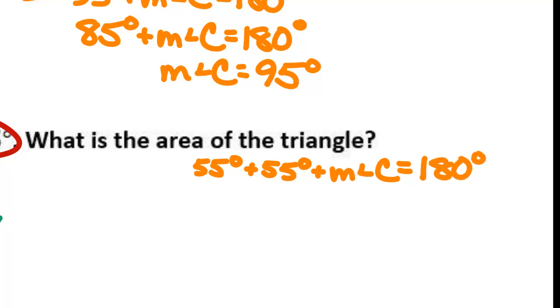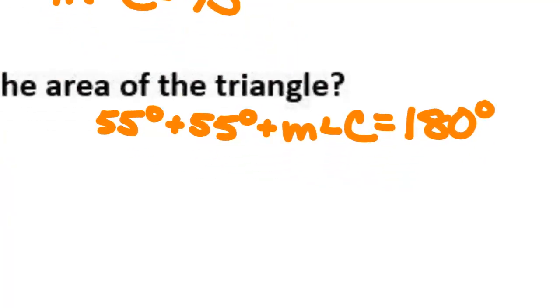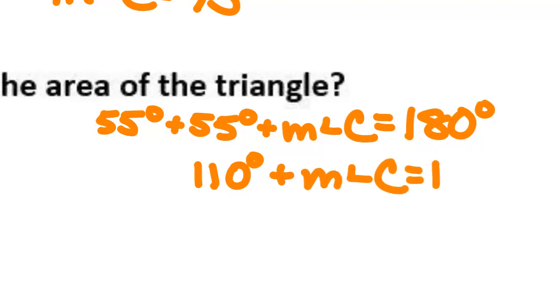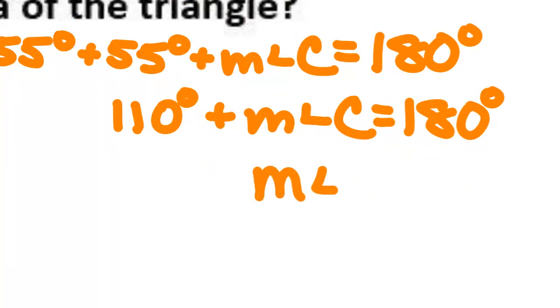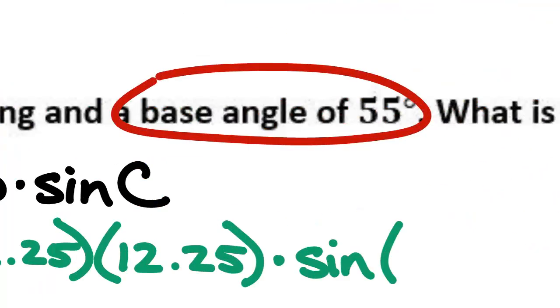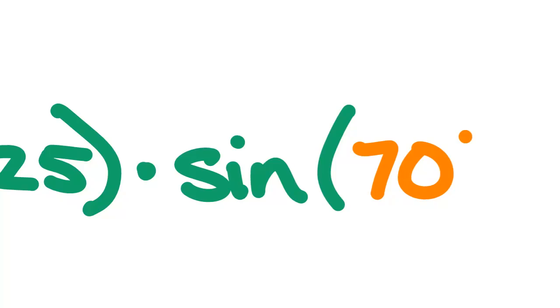What is 55 plus 55? 110. So 110 degrees plus the measure of angle C equals 180. And then I subtract 110 from both sides, and we get 70 degrees. So that's what we're going to put in here for angle C.